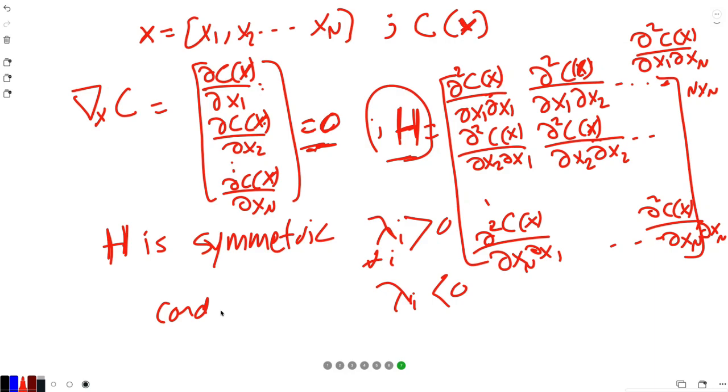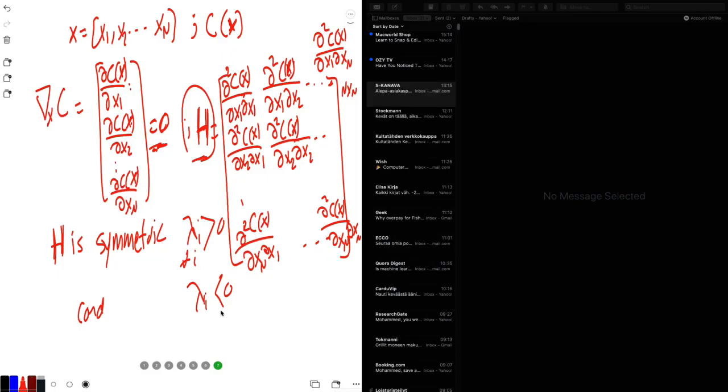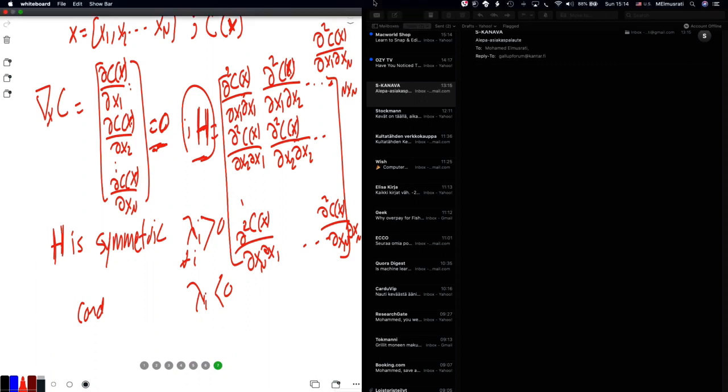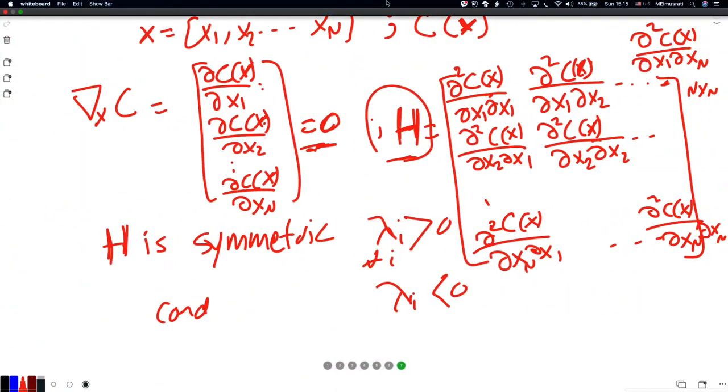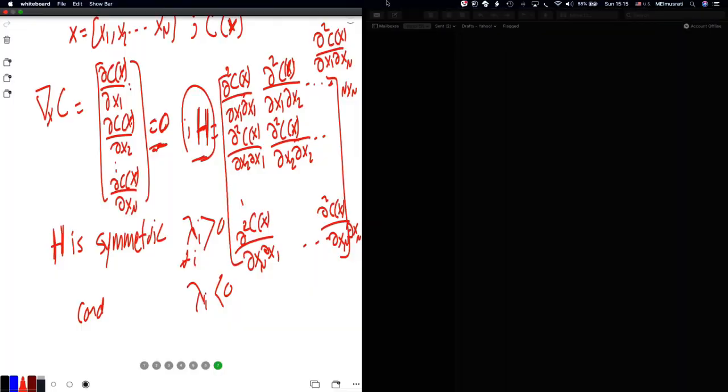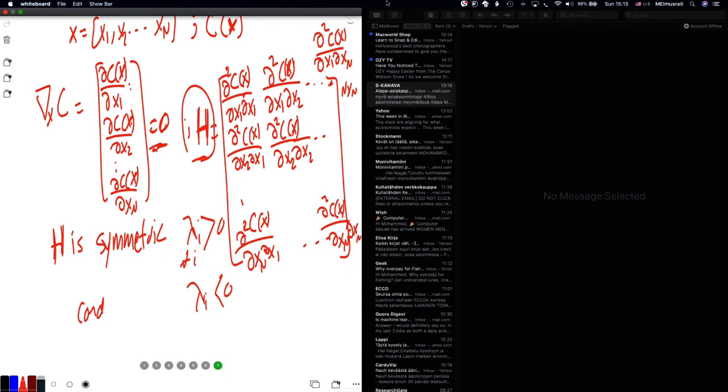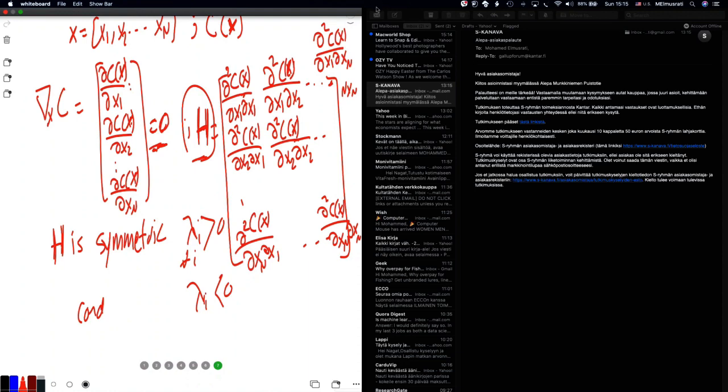Because this is important to remember, it is not easy that every time we can find the critical point by directly solving the problem. In many situations, we cannot find it directly, so we always need some iterative method in order to find the solution.